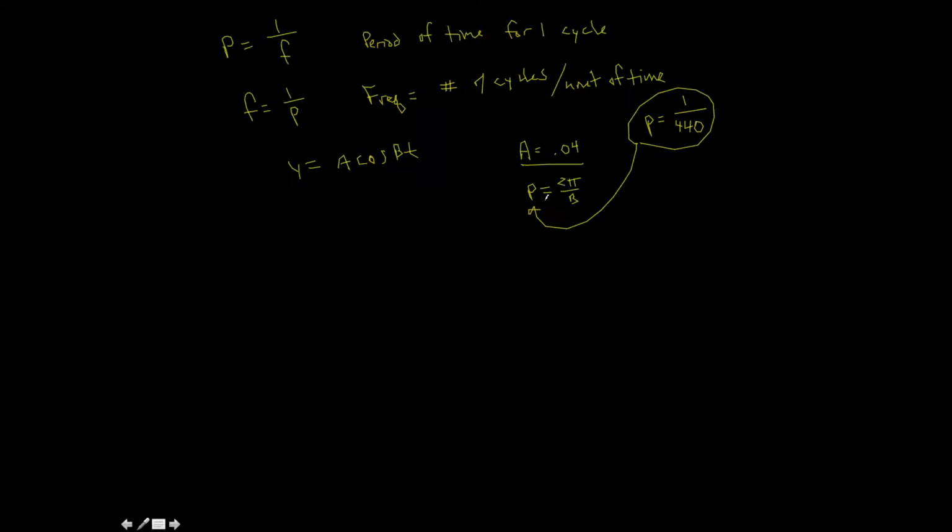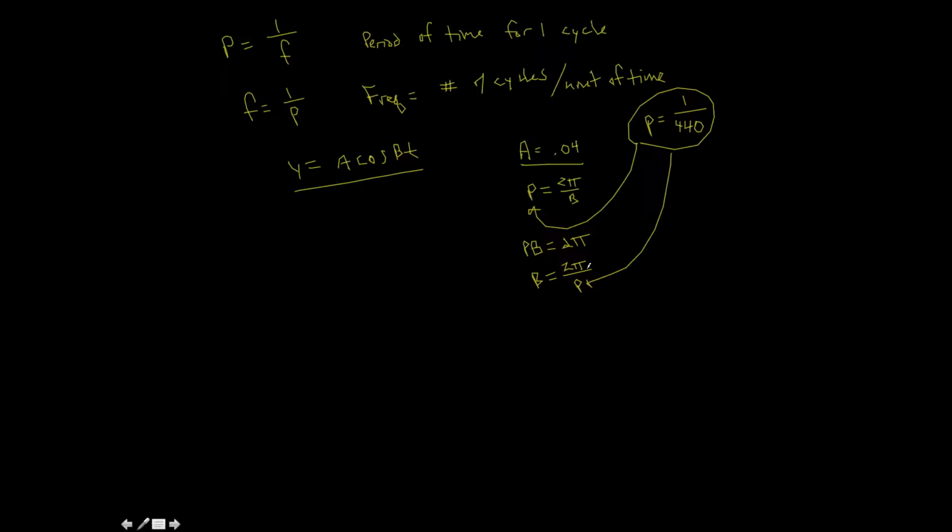We're looking for B so that we can write our equation right here. Okay, so if we solve this for B, that's PB, not peanut butter, equals 2 pi. So B equals 2 pi over P.